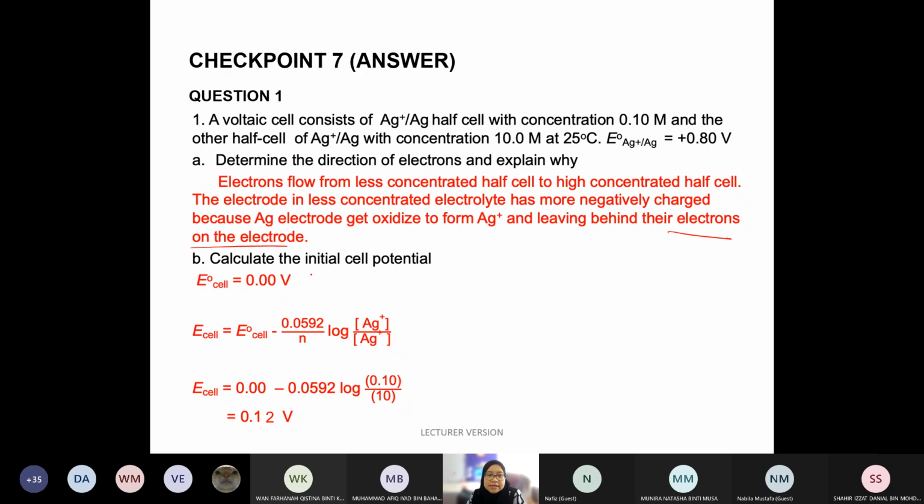Calculate the initial cell potential, guys. You are still going to use Nernst, but the E0 cell is easier because the electrodes for anode and cathode are the same. So you get 0, as the values are subtracted. Here you have to be careful about which goes on top and which goes on the bottom.